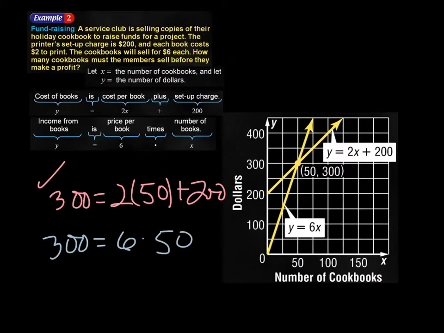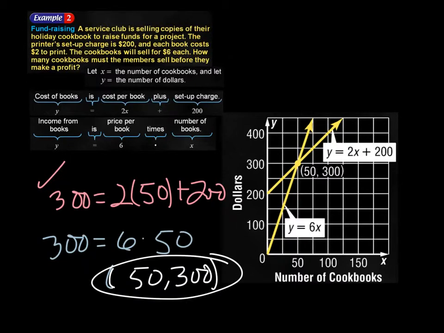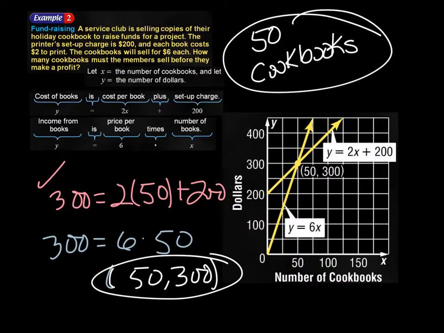Sure enough, it does. So I know that the ordered pair (50, 300) is my solution. The question asks, how many cookbooks must the members sell? They sell 50 cookbooks. That's really our final answer.